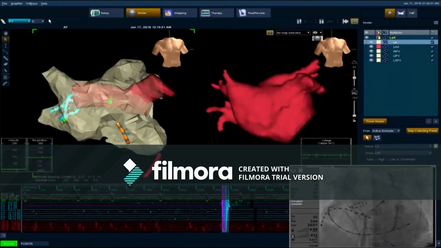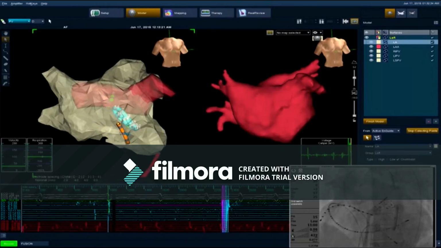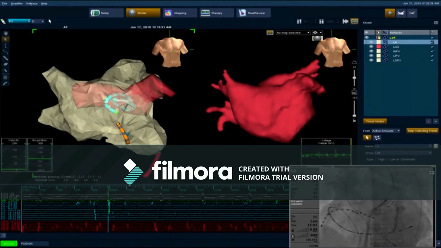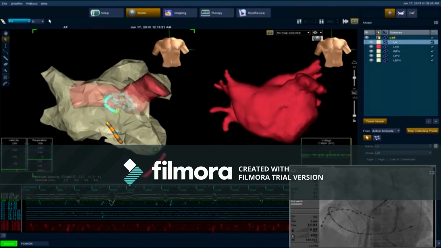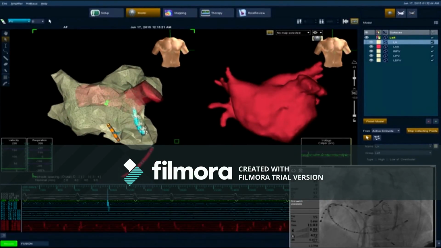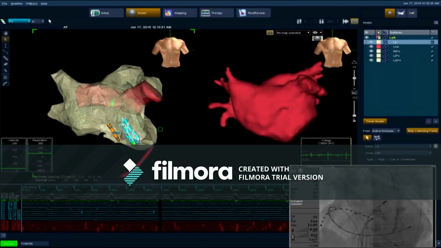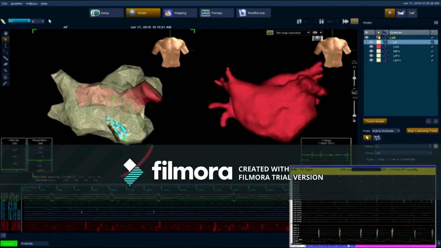So from the LA, the clockwise rotation is directed to the posterior wall, counter-clockwise is anterior. If you can touch here near the septum, the anterior wall.